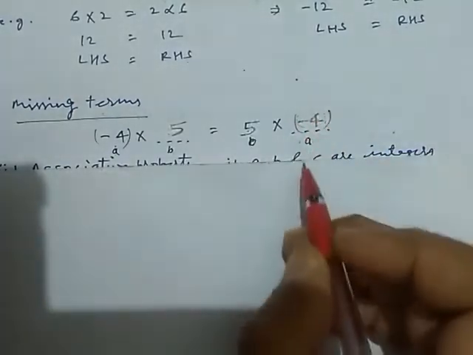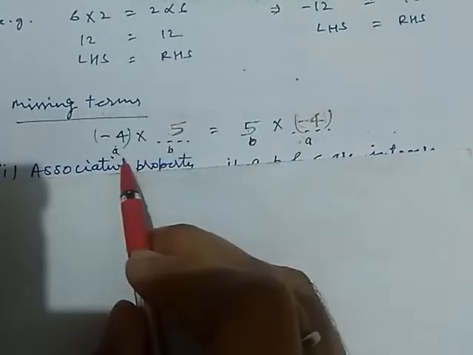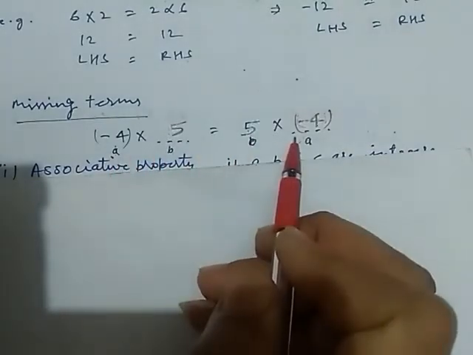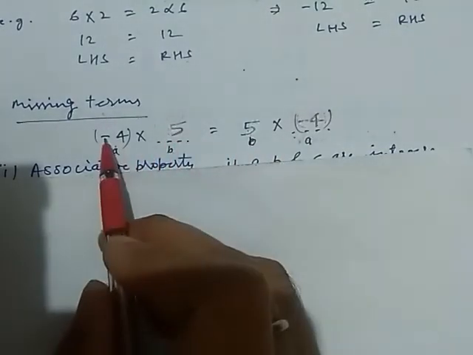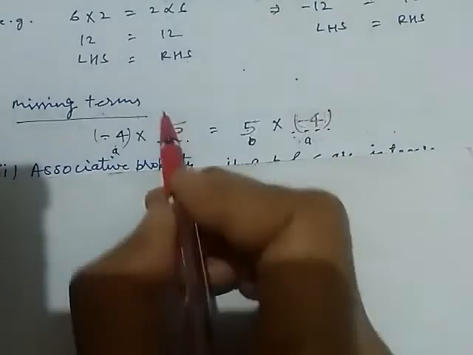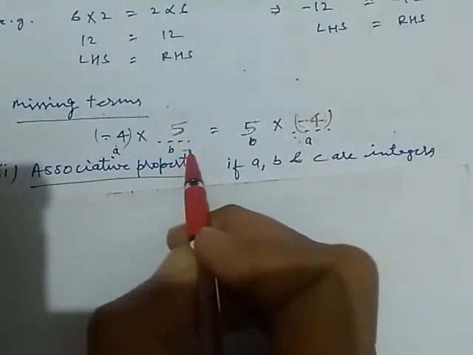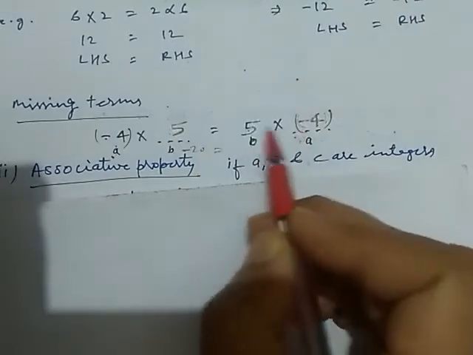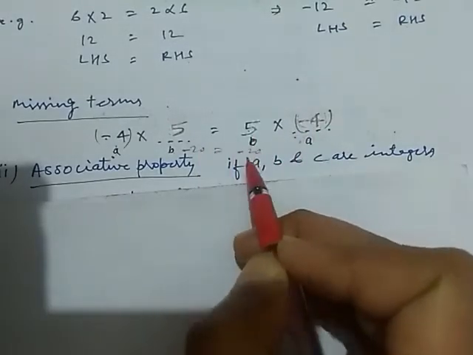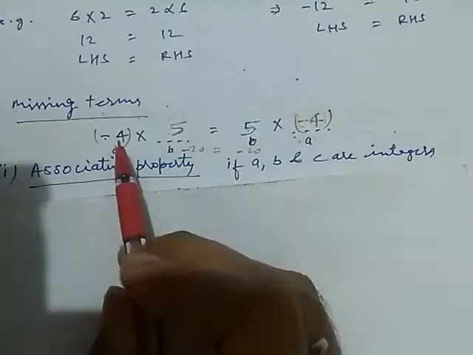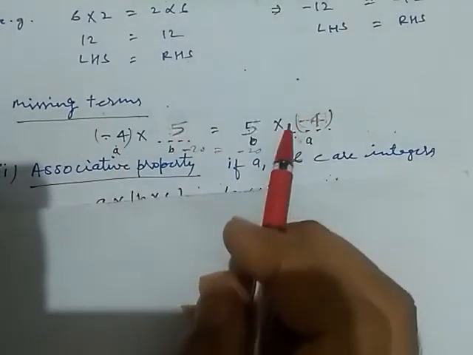This is A. In this way we can find missing terms. And we check minus 4 into 5, minus 20, and 5 into minus 4 is also minus 20. So they are equal and our result is correct.